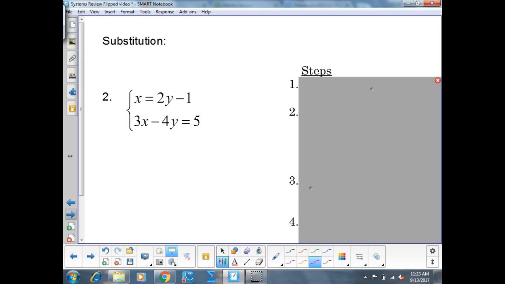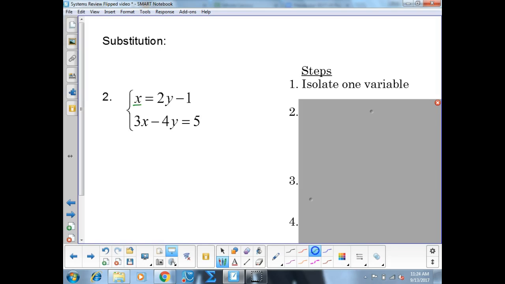Substitution has some steps with it. Okay? The first step is you want to isolate one of your variables. Now, in this particular case, that was already done for us. The x here is isolated in that first equation, so it's equal to 2y minus 1.